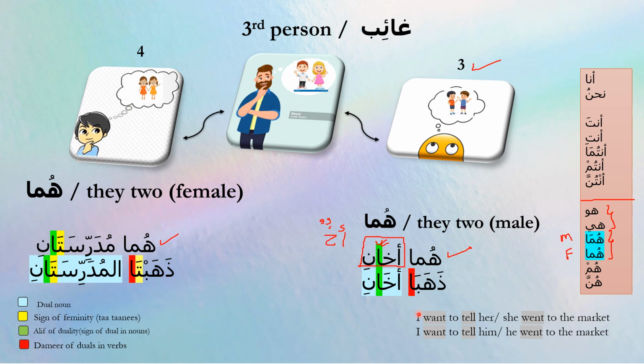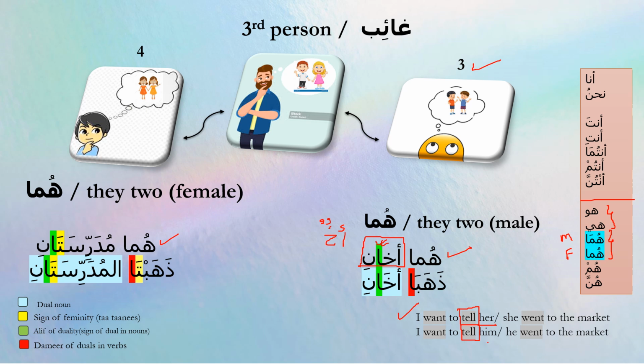Now, I have given some examples in English just to make you understand how Arabic is different from English. When you say in English, "I want to tell her," you use the pronoun her, but is there any pronoun used in "tell" for the feminine? No. When you want to speak about a male person, you use the same verb "tell" for the male person, and there is no difference for the female person.